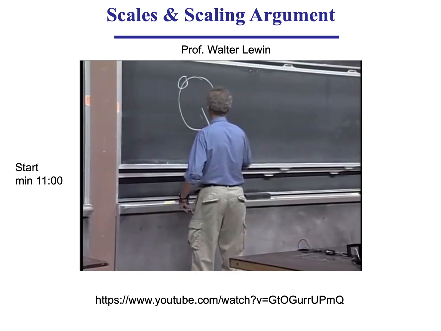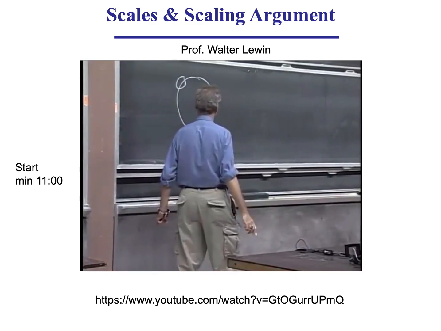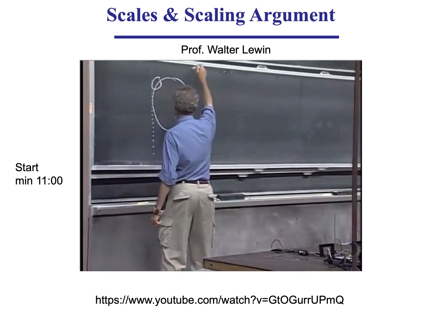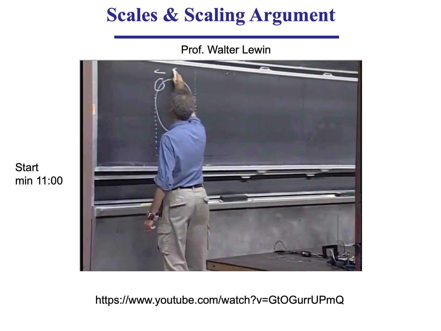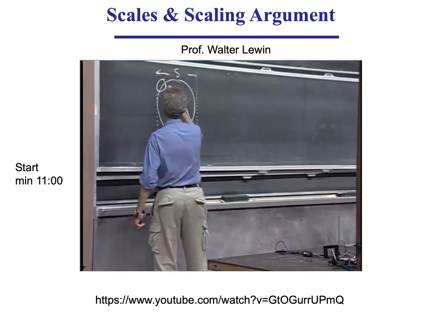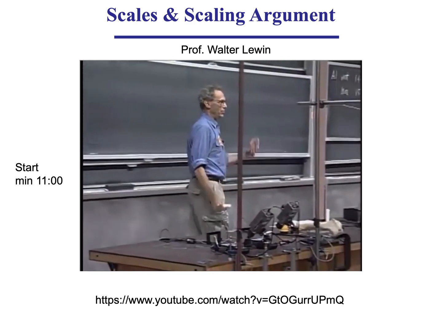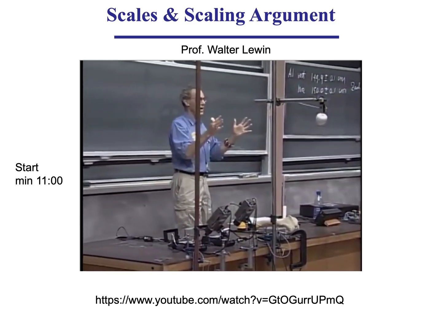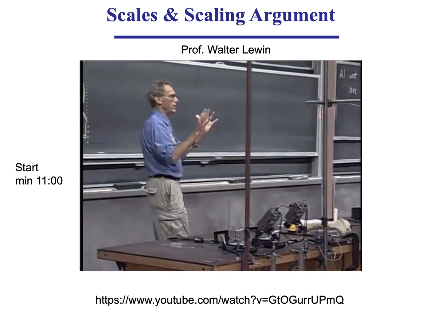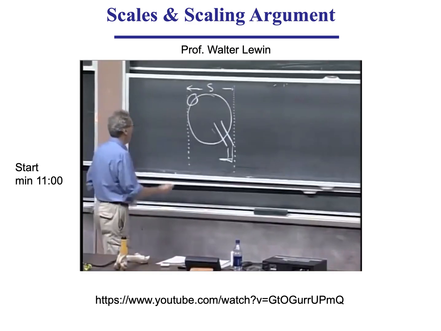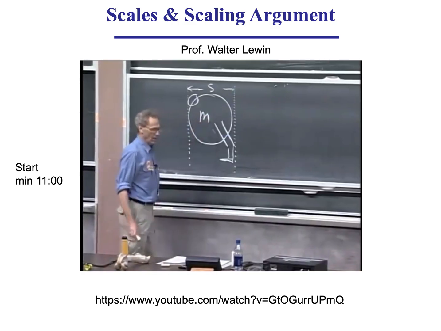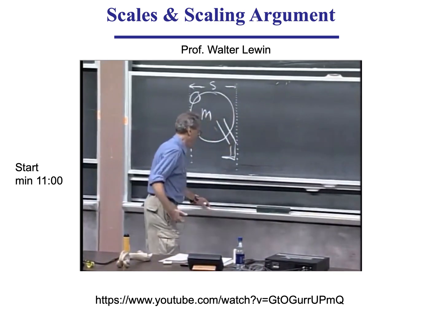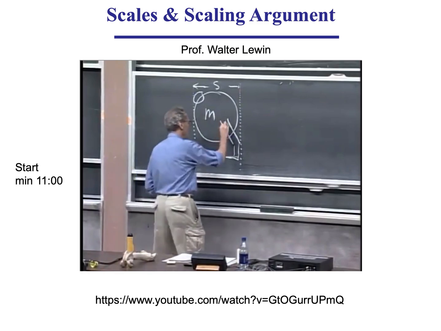Here is a mammal. And this is one of the four legs of the mammal. And this mammal has a size S. What I mean by that is a mouse is yay big and a cat is yay big. That's what I mean by size, very crudely defined. The mass of the mammal is M. And this mammal has a thigh bone, which we call the femur, which is here.